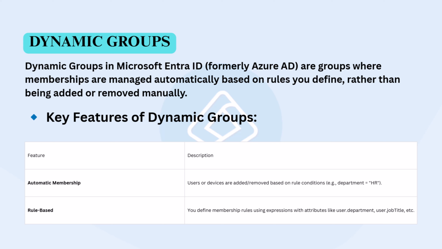That is how you can define it, and these dynamic groups will add those users automatically based on the attributes that you have defined. And they are rule based. Definitely there is a rule which runs in the background which we need to configure to create these dynamic groups.